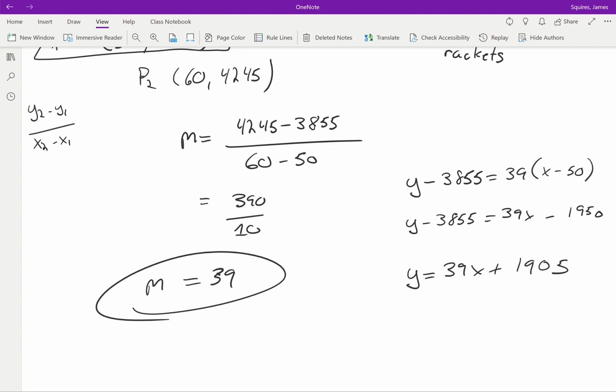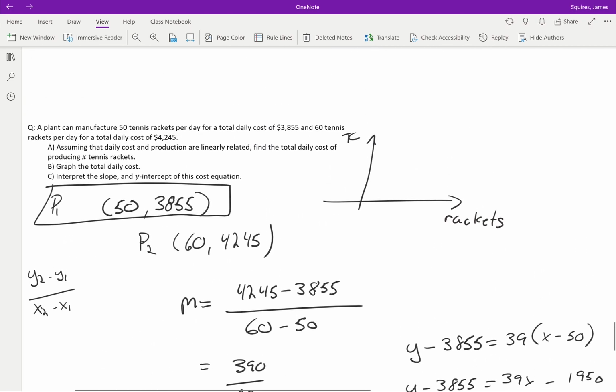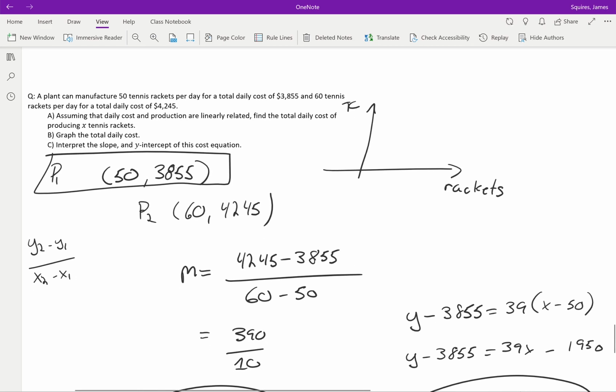Okay, so that answers the first question. We have expressed the cost function, so total cost equals 39x plus 1905. Alright, so part B is simply graph the total cost function.